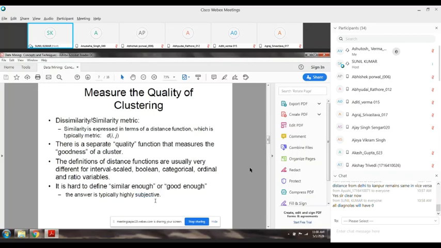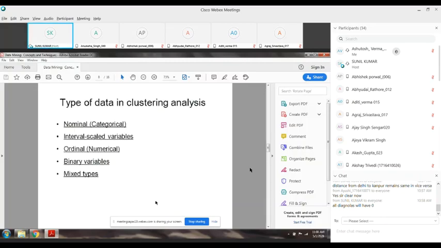Now we are going to talk about the different types of data that are used in clustering. It is not only that you are given numerical data and asked to cluster the following into 3 clusters or 5 clusters using some clustering algorithm.